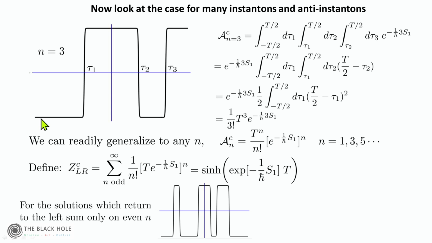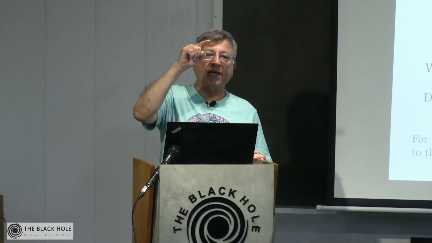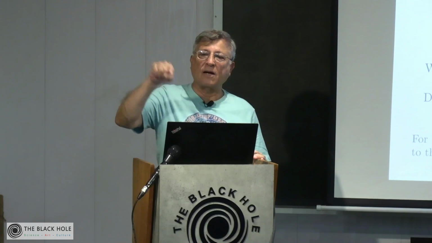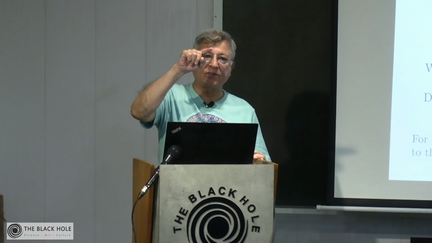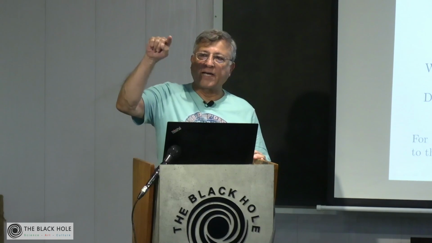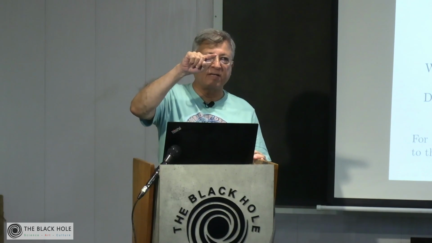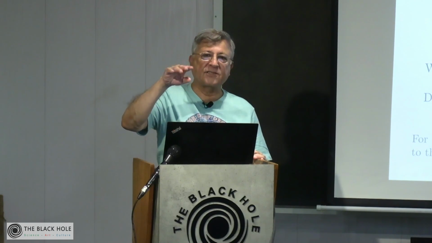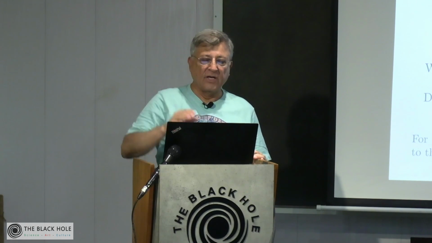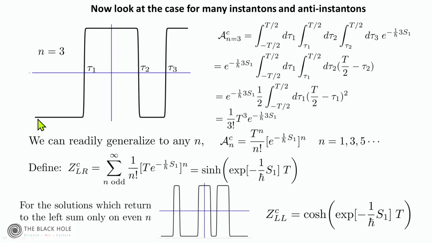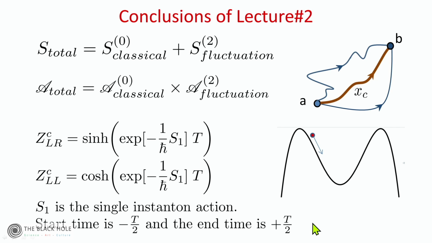What about solutions that return back to minus a? So you see the particle on the hill goes to the other side, comes back, that's 2 instantons, goes back again, comes again, it's 4 instantons, 6, 8, 10, 12. In that case, you will sum over n even and you will get cosh. So we are at the end of this lecture.